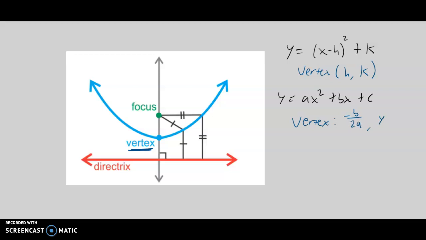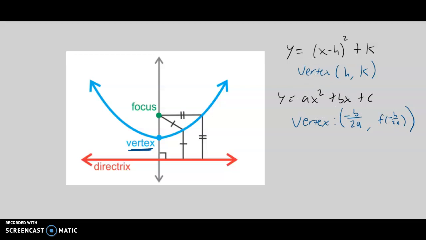So in other words, you could write it as f of negative b over 2a. So this is the coordinates of your vertex. If you are given the standard form of the equation, you can still find the x coordinate of the vertex pretty easily: just do negative b over 2a, and then plug that value in to find the y value of the vertex. Both of these will get you to the same place, depending on which form of the quadratic equation you're given to begin with.